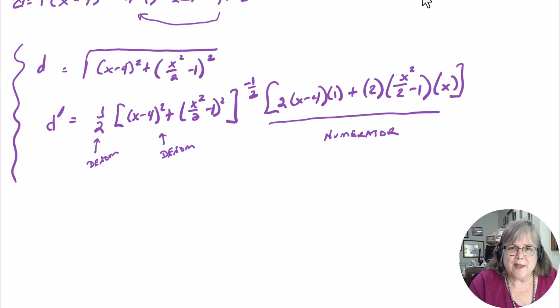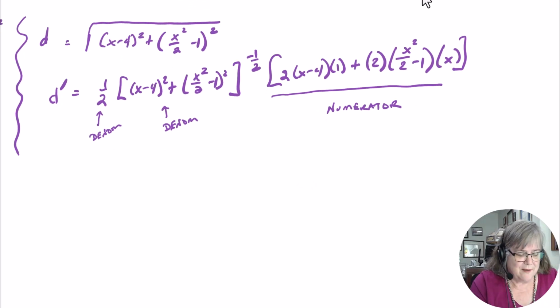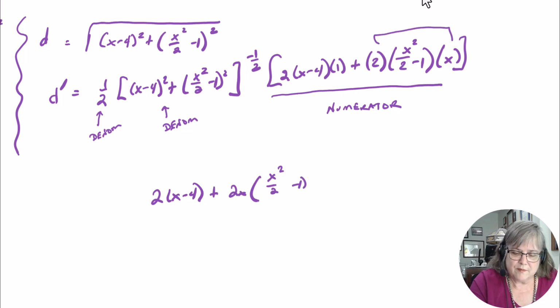And when you're on a time test, every time you can do something that shaves a few seconds there and a few seconds over here, it just makes life a little bit easier at the end. So if I'm looking for where this is equal to 0, the only place I'm going to get 0 is from the numerator. So where is 2 times x minus 4 plus 2x times x squared over 2 minus 1, because I combined these two, equal to 0?